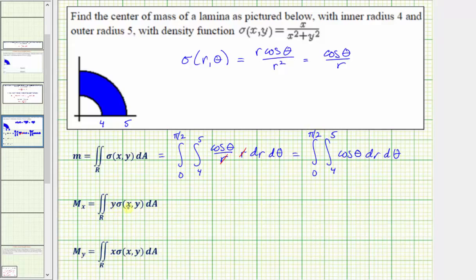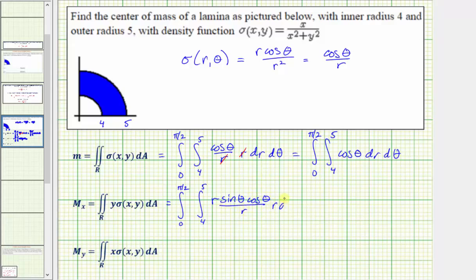Now for the moment about the x-axis, it's going to be similar, except notice how we have this extra factor of y in the integrand function. So the region of integration is going to be the same. But now the integrand function is going to be y times the density function. Well, y is equal to r sine theta. So we'll have r sine theta, and then times the density function, which we know is cosine theta divided by r.